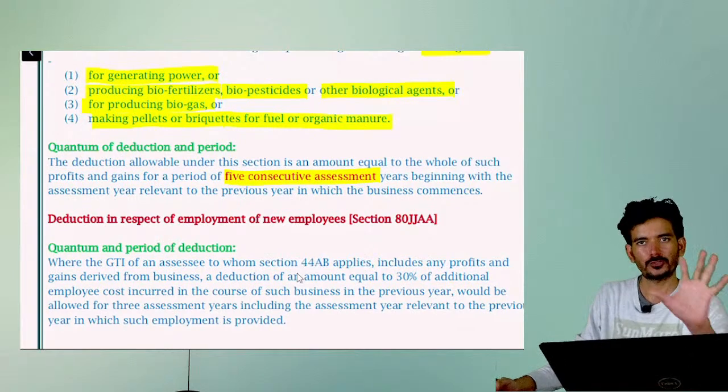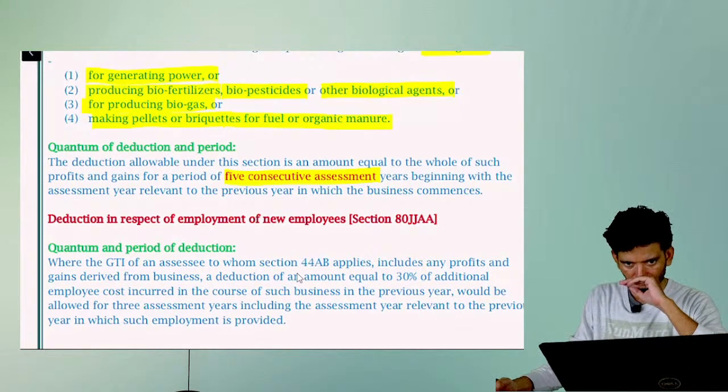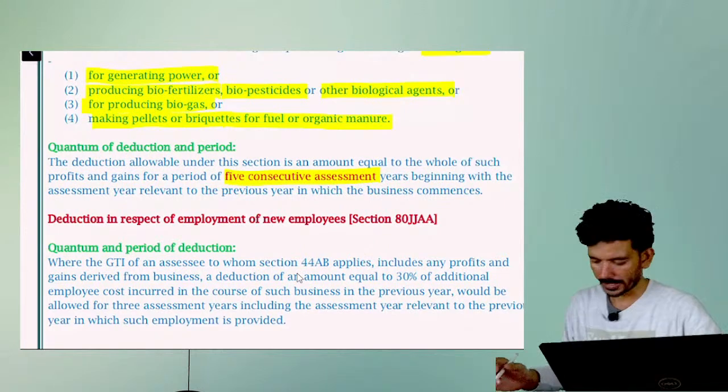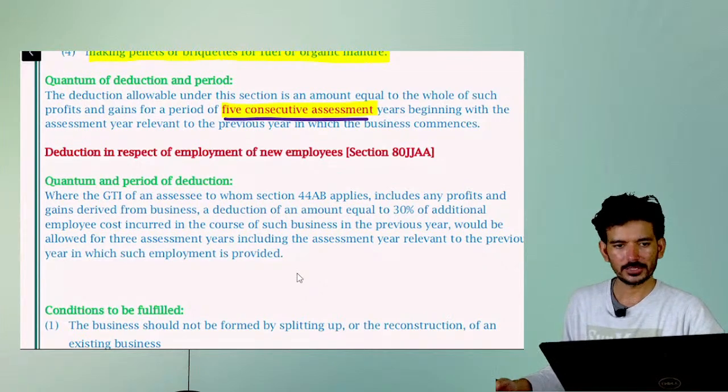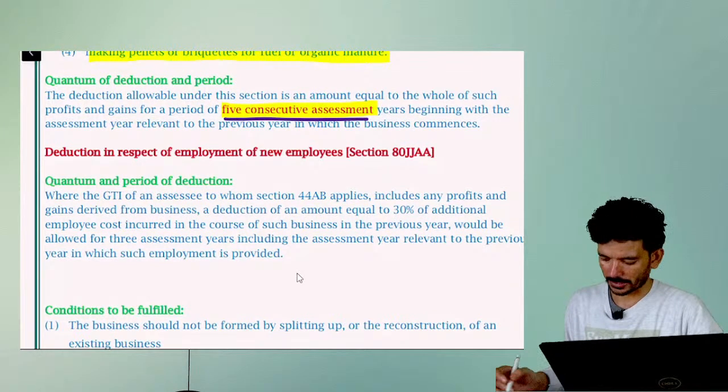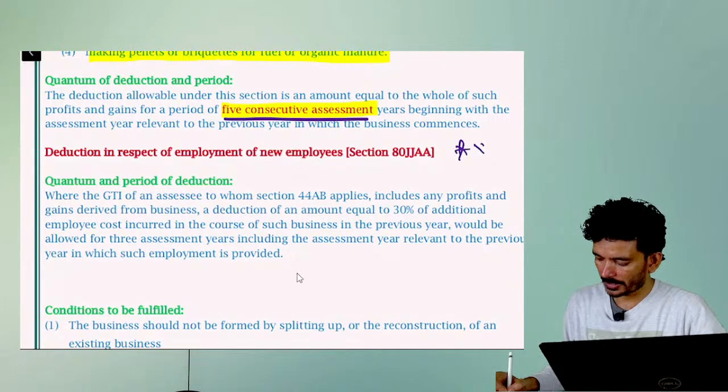Whenever you start, for the first 5 years you will not be paying any taxes. It's so nice, no? For examination, just remember this one thing: for biodegradable waste, there will be no tax for 5 years.